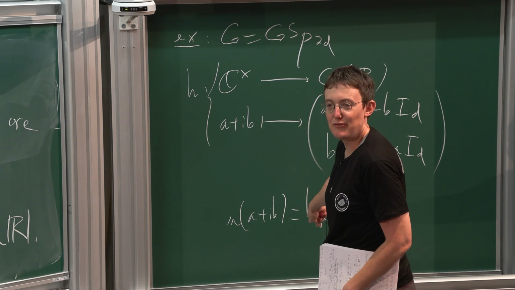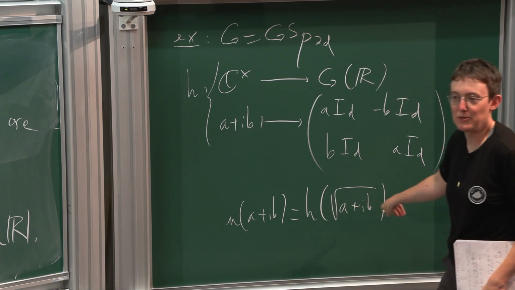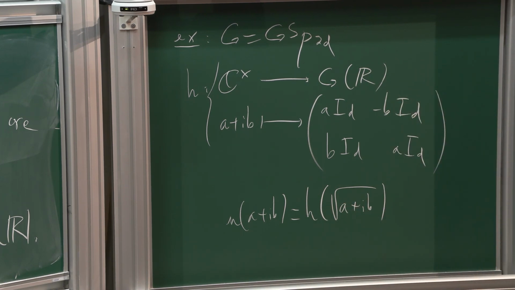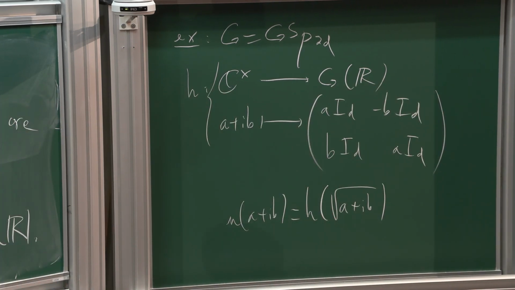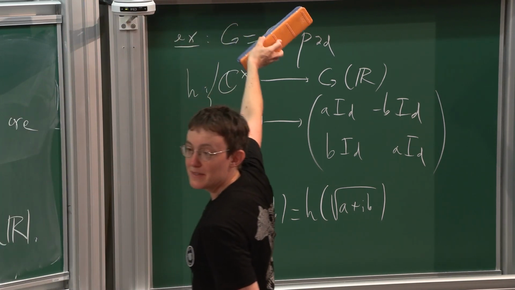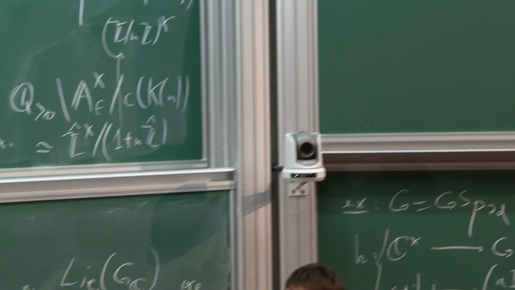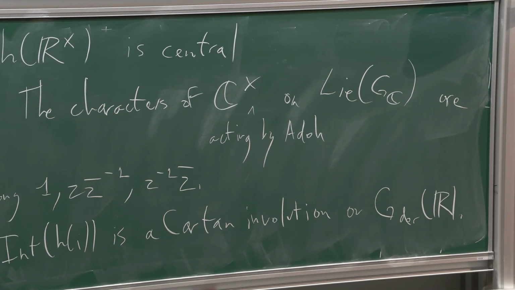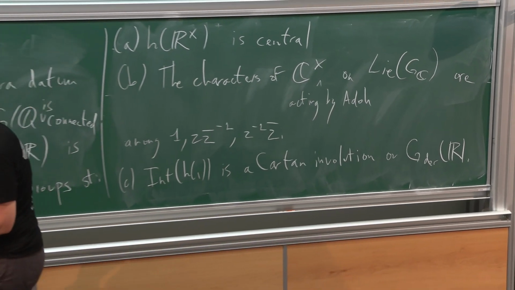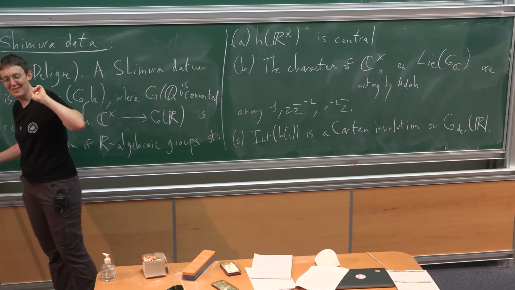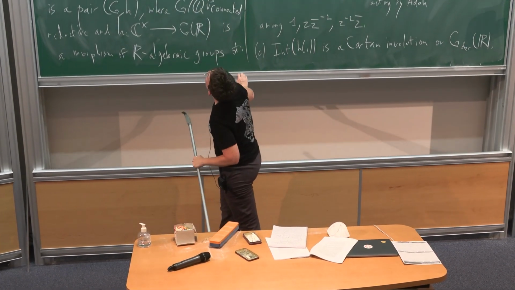So that is only well defined in the adjoint group, because H of minus 1 is central. If you actually try to work through my example, U is supposed to have characters 1, Z, and Z minus 1 on the algebra, and the U I gave yesterday had characters 1, Z squared, and Z minus 2. Anyway, the notes on my own website are already corrected. If you go to the Dropbox, at the beginning of the notes, there is a link to get the latest version, and the latest version has been corrected.